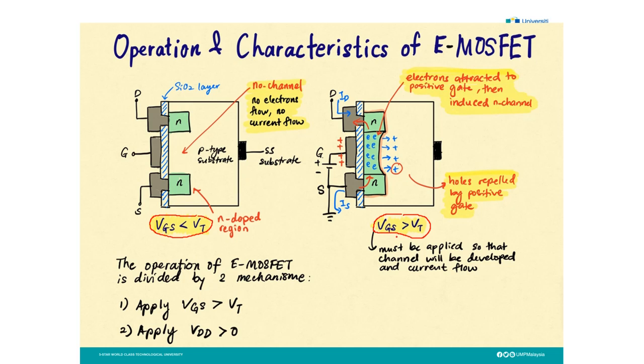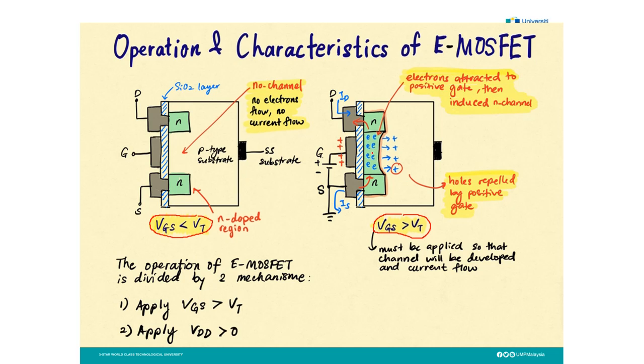So the terminal G is positive because VGS is positive here. This positive gate will attract the electron, will attract the electron in the N channel.